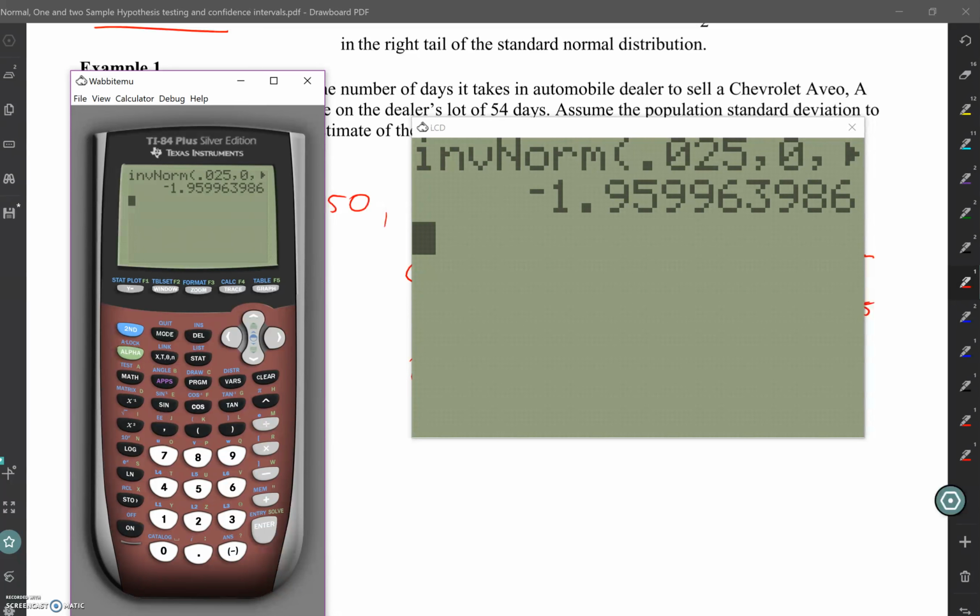Now, when we got critical values before, what were they? Always positive. Now, we may or may not remember, we've had this critical value before. We had a 1.96. It was the positive version. Now I'm getting the negative version, but it's the same number. Why is it the same as when I put in the 0.975? Because it's to the left, and this is a symmetric distribution.